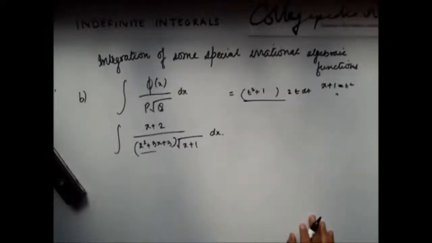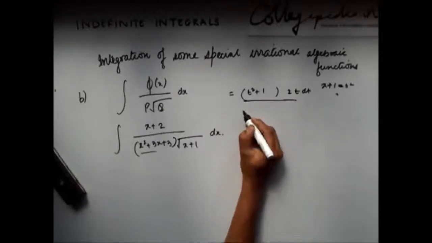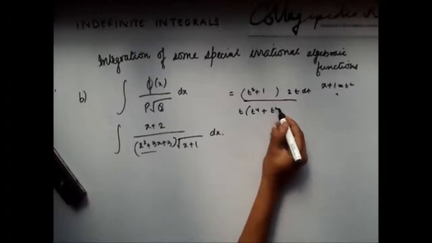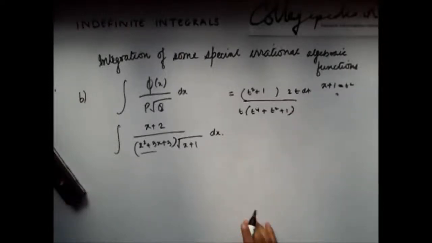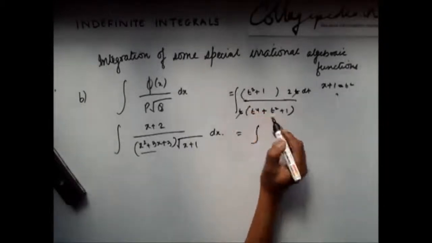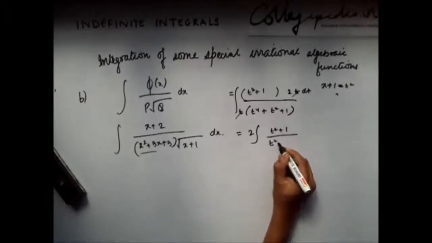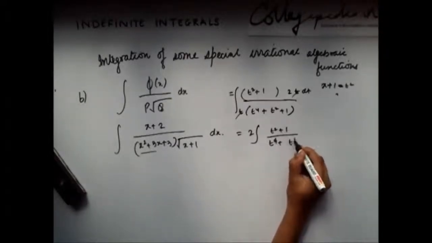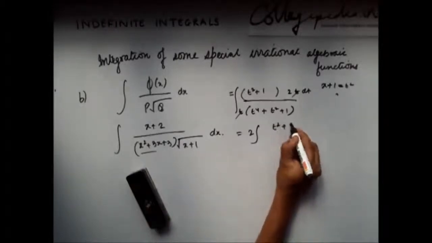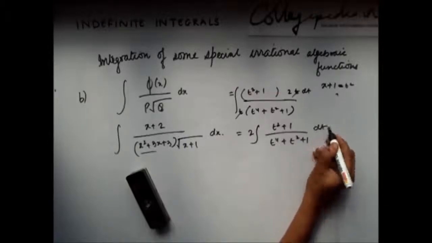Okay. In the denominator you have t into t to the power 4 plus t square plus 1. So this gets cancelled. So your final integral becomes 2 times t square plus 1 by t to the power 4 plus t square plus 1 dt.